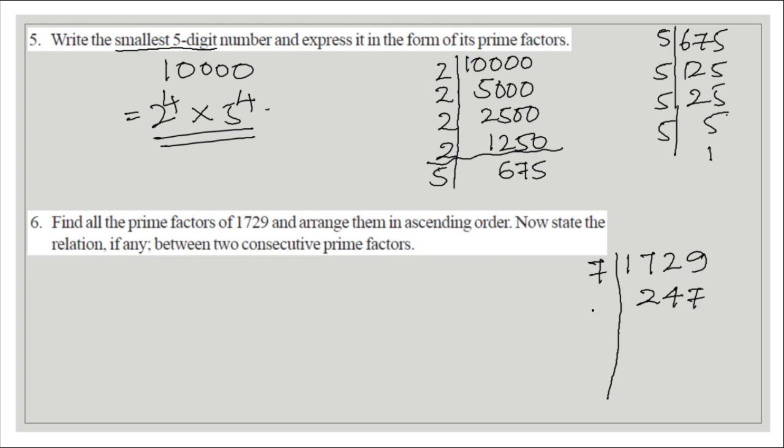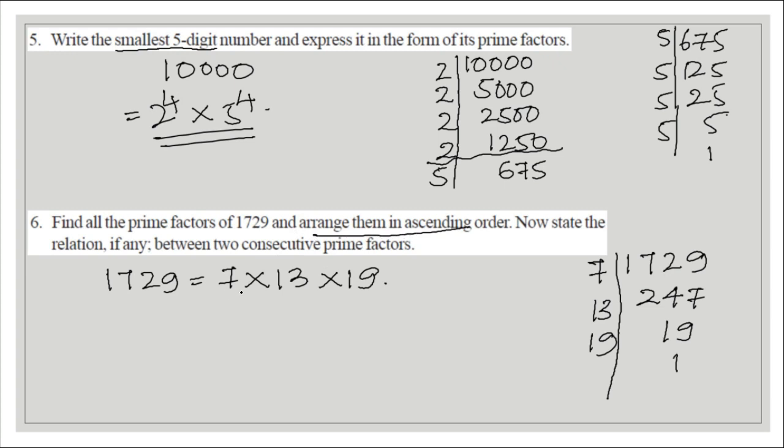It is divisible by 13. 13 ones are 13, 11 remains, 117. 13 nines are 117. So 19. So the prime product of 1729 is 7 multiplied to 13 multiplied to 19. This is how it is arranged in ascending order. 7 is the smallest number, next number is 13, next number is 19.